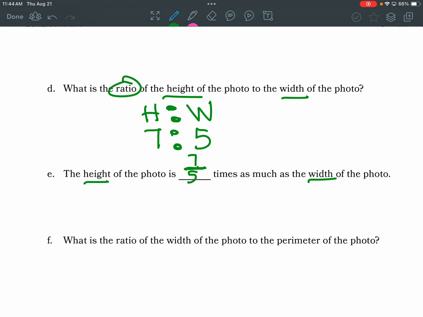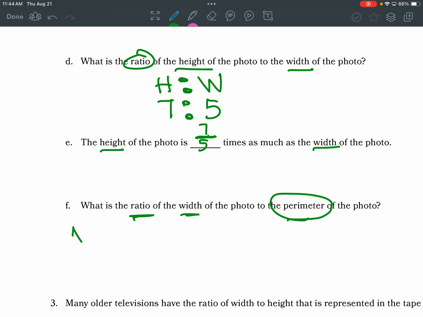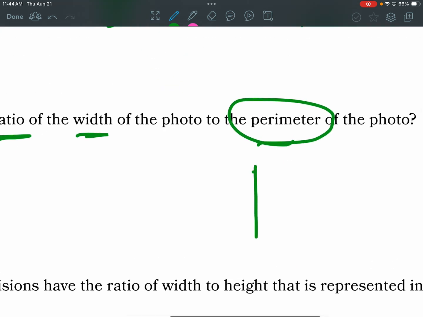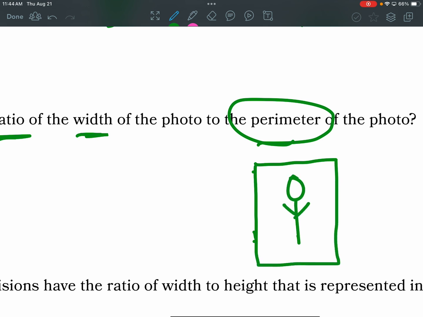Okay, now they want the ratio for the width of the photo to the perimeter. So, width to perimeter. So we know the width is 5. What does perimeter mean? Can somebody tell me what perimeter means? The whole thing. We got Bob here.